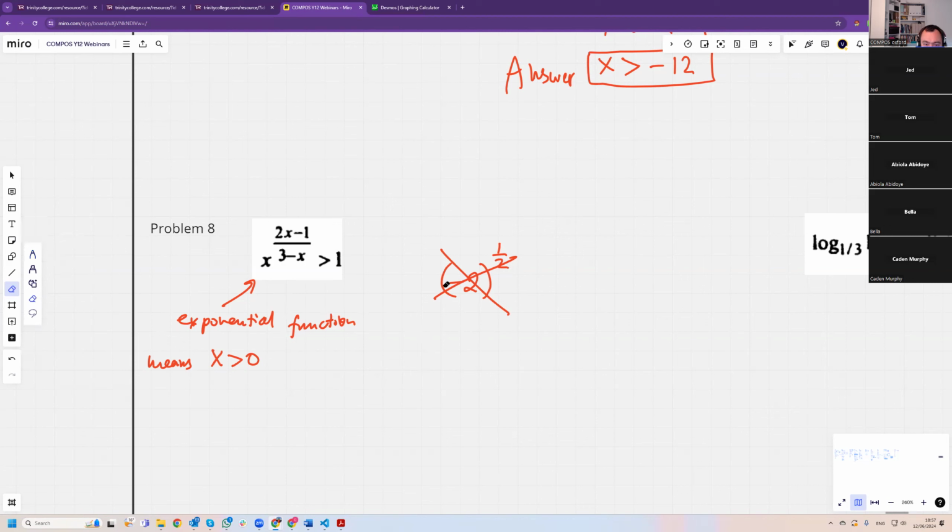So when we say a to the power x, we always say that a is greater than 0. Actually, we also say that a is not equal to 1, but a could be 1 potentially. That would be a very boring function though.